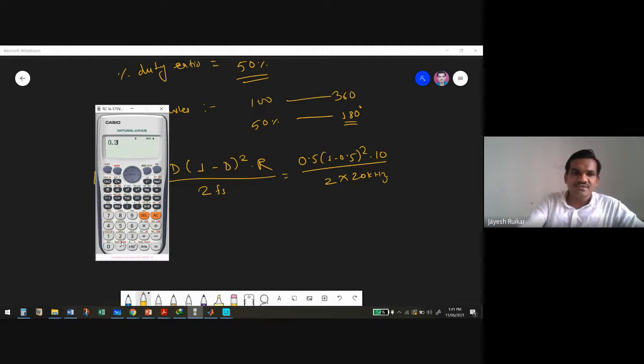It's 0.5, then in brackets 1 minus 0.5 whole square, then multiplied by 10, and then the whole divided by 40 kilohertz.